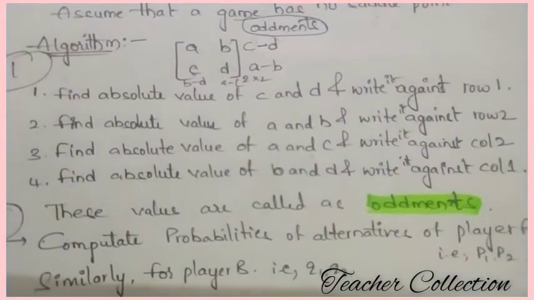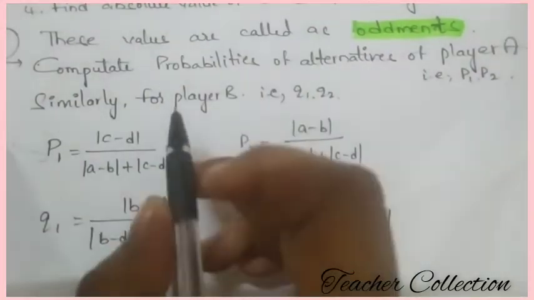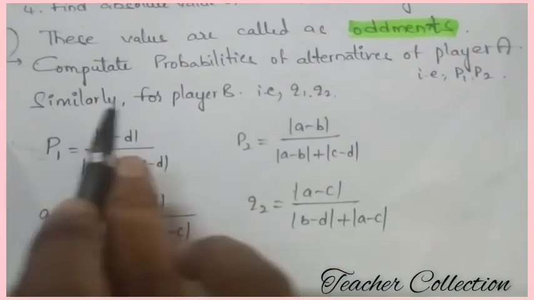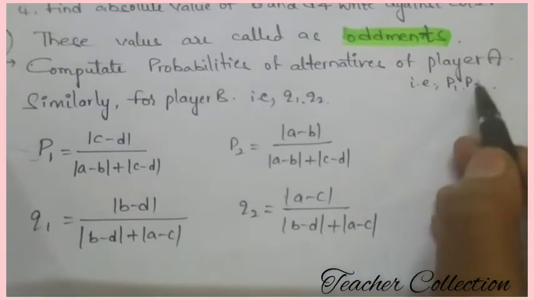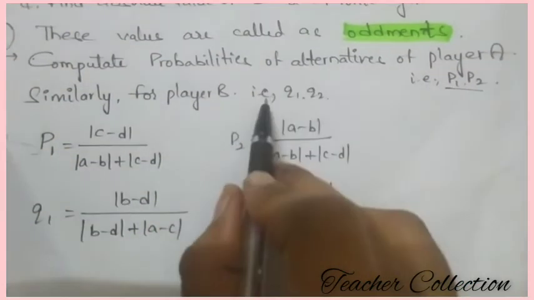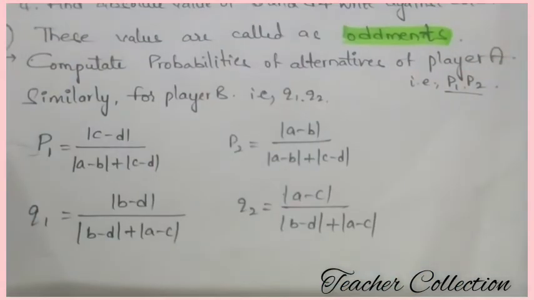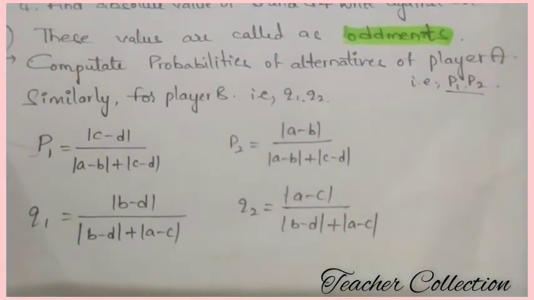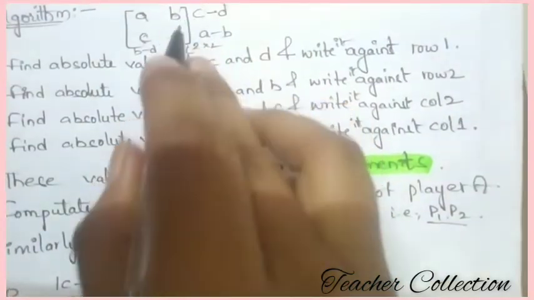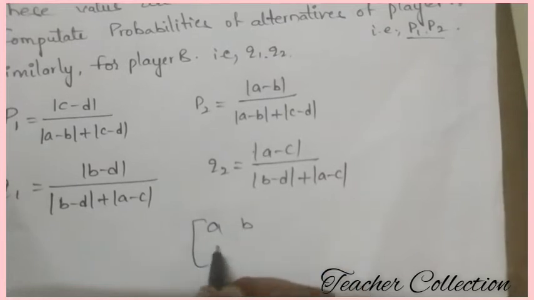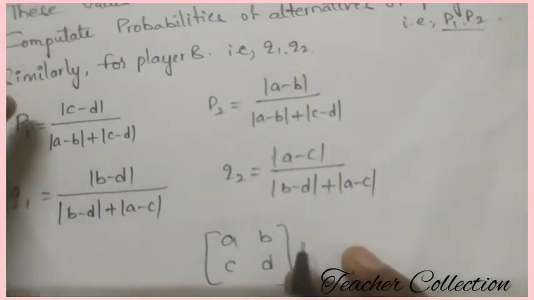Okay, next, compute the probabilities of the alternatives for player A, and similarly for player B. For player A, P1, P2, and for player B, Q1, Q2. These are the formulas, but there is no need to remember all of them. I will give a very simple technique. Look here: A, B, C, D, this is the payoff matrix.